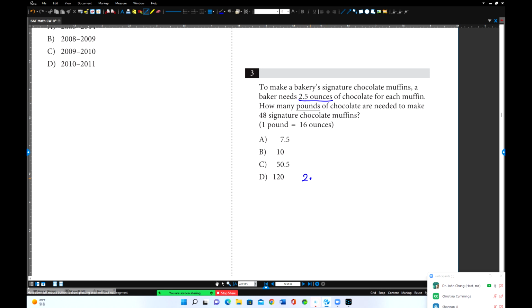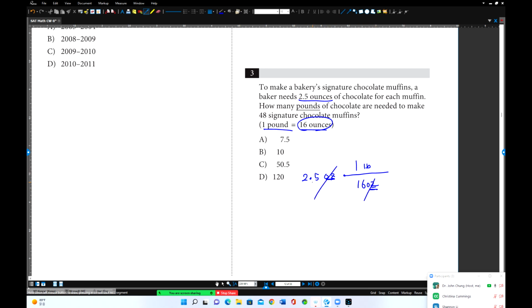2.5 ounce. Okay, so we multiply what is there? Unit converting, right? Because 1 pound equals 16 ounces. 1 pound, that is 16 ounces. Always ounce over here, the bottom is ounce. Now they can cancel out.